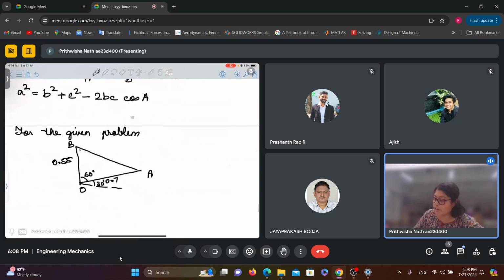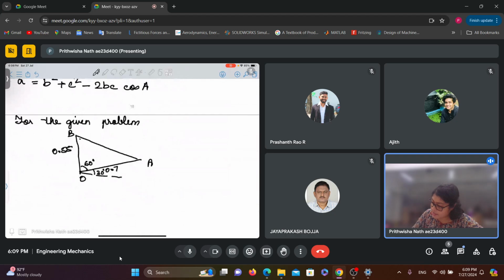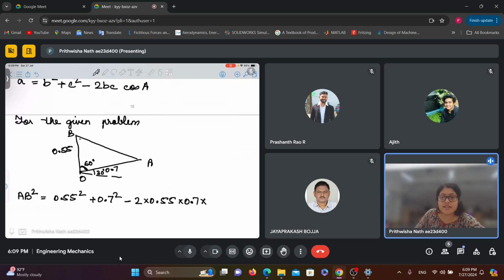So how can we write this? AB square equals 0.55 square plus 0.7 square minus 2 into 0.55 into 0.7 into cos of this angle, the opposite angle to the side AB, right? According to the formula, cos of 60 degrees.